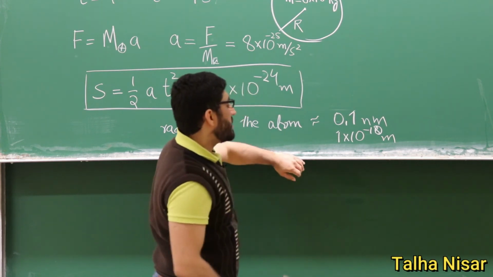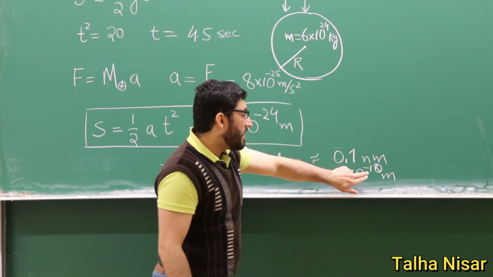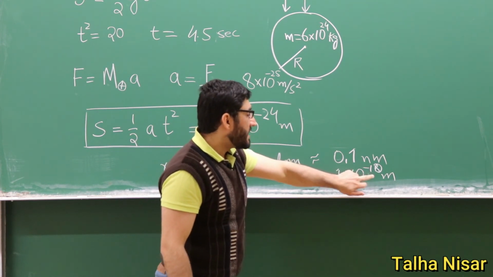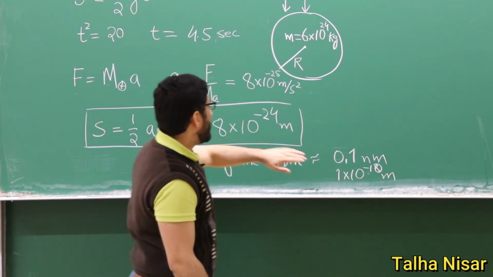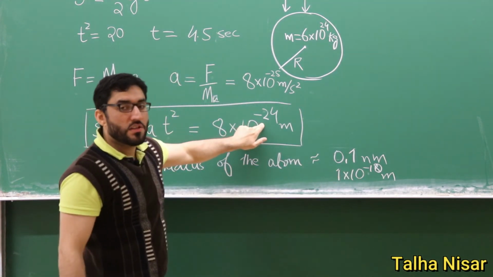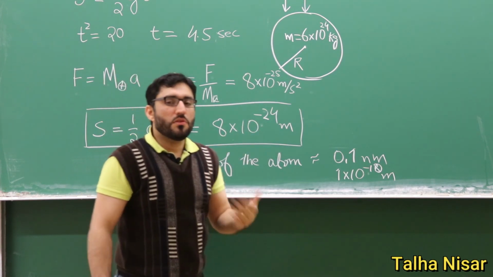So atoms are extremely small particles, but the radius of the atom is 10 raised to the power minus 10 meters, while here we have 10 raised to the power minus 24, which is an extremely small distance. That's why we do not feel it.